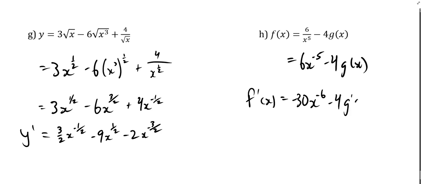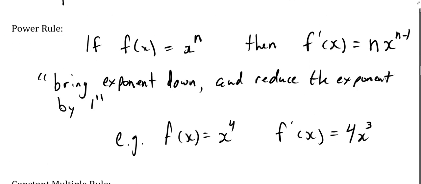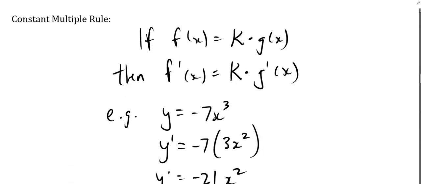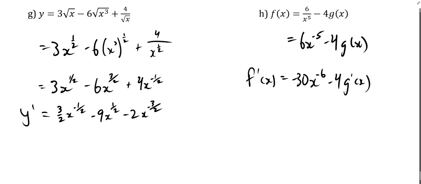Very nice. I like it. If you remember, way back up, right there. If f at x is a constant times g at x, then f prime x is a constant times the derivative of g at x, whatever that is. Who knows what g at x is? G at x could be anything, as long as it's differentiable. So that's just a function notation thing. But again, that can be very useful, very important. Any questions?